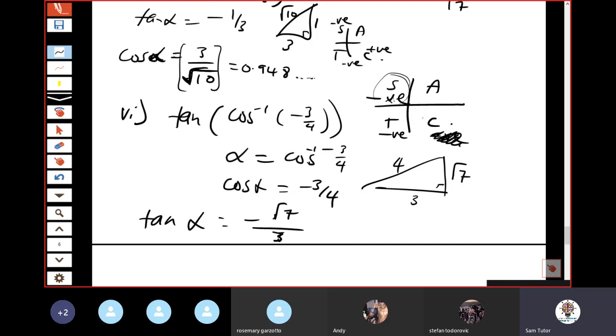Tan inverse cos negative 3 over 4 is negative 0.88. Yeah. Where is cos negative, in sine and tan? So tan must be negative root 7 over 3.